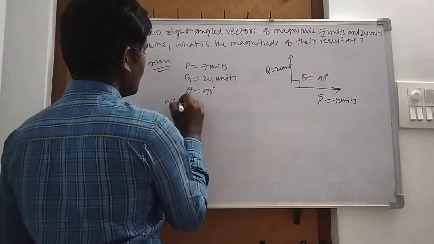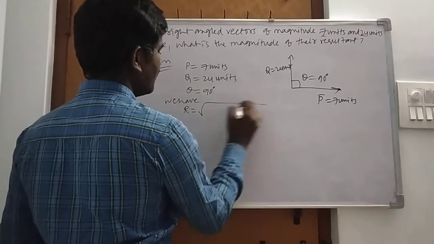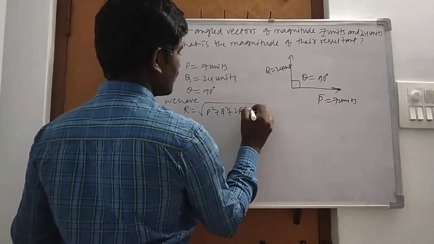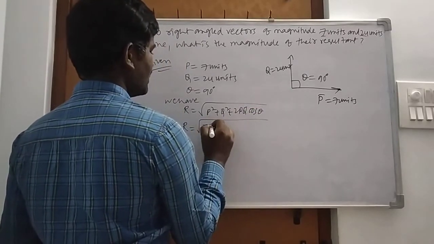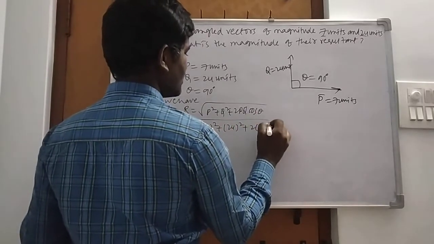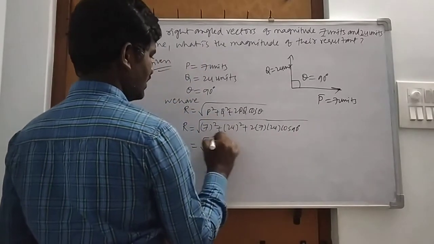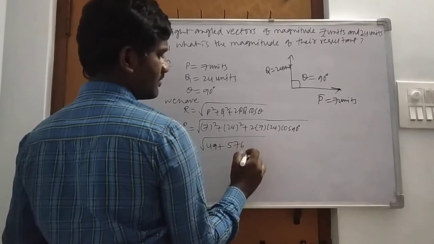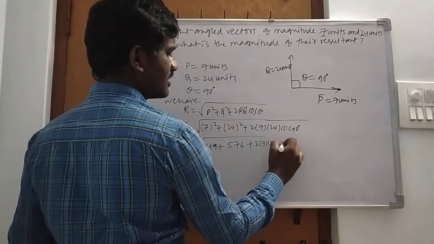So we have R is equal to the square root of P square plus Q square plus 2PQ cos theta. So R is equal to the square root of 7 square plus 24 square plus 2 into 7 into 24 cos 90. That is 49 plus 576 plus 2 into 7 into 24 into 0.